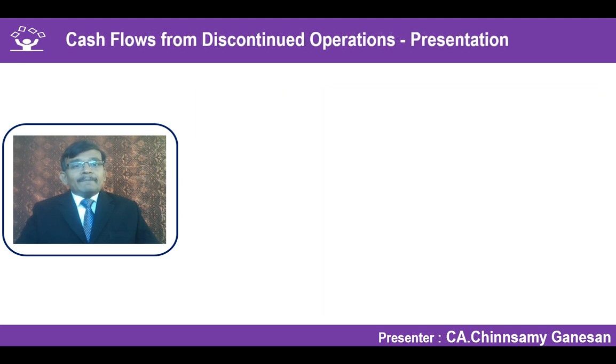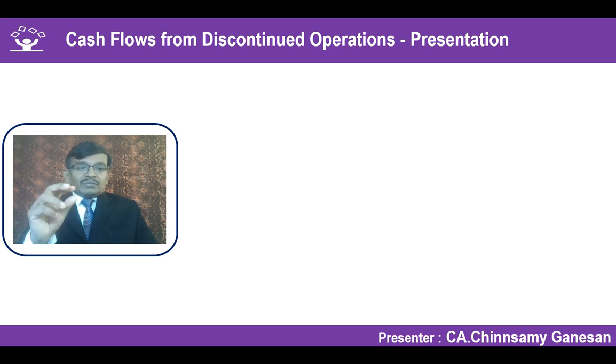Having seen this, the next issue that comes up is, suppose the company carried out three or four operations as part of the business, but one of the businesses is discontinued during the year. You remember that in the statement of profit and loss account, only the profit or loss of the discontinuing operation will be shown as a separate line item.